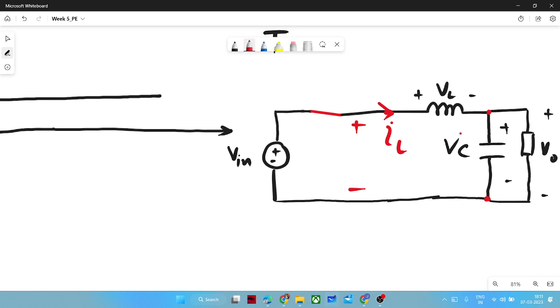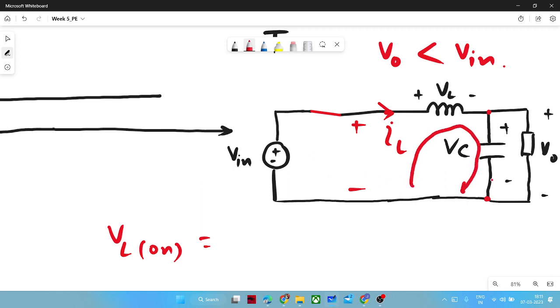And since we are discussing about buck converter, V naught will always be less than V. So this VL during turn on, if you apply KVL in this loop, will see V in minus VC or V in minus V naught, right? And VC is equal to V naught.